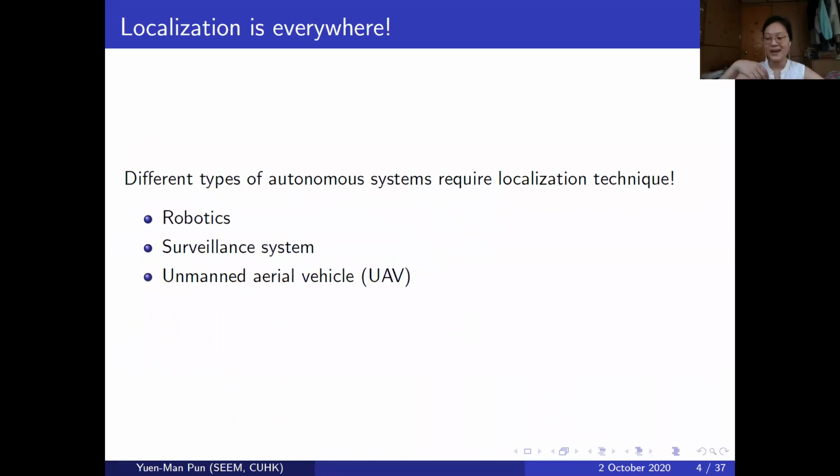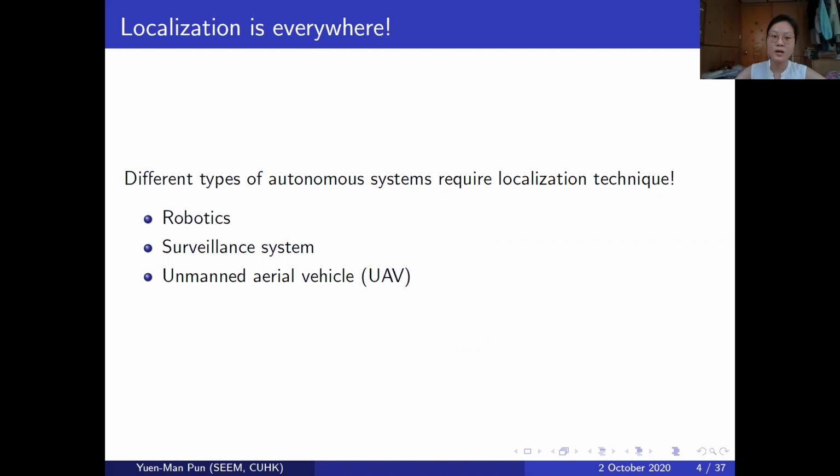As you know, localization is everywhere. If you want to locate yourself, you can always use Google Map. And sometimes we don't want to just locate ourselves, we'd like to keep track of the trajectory.